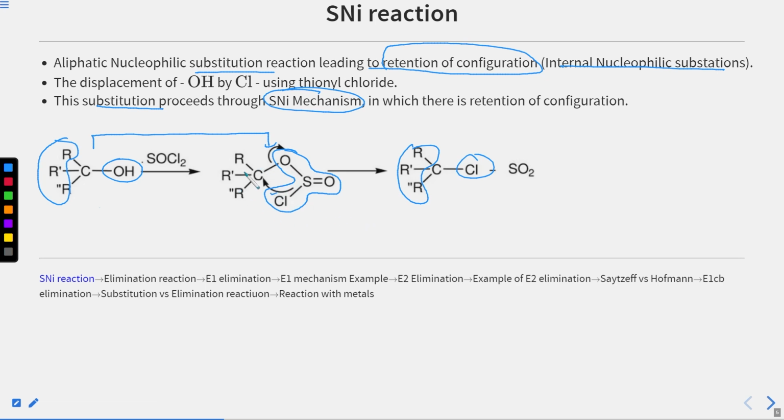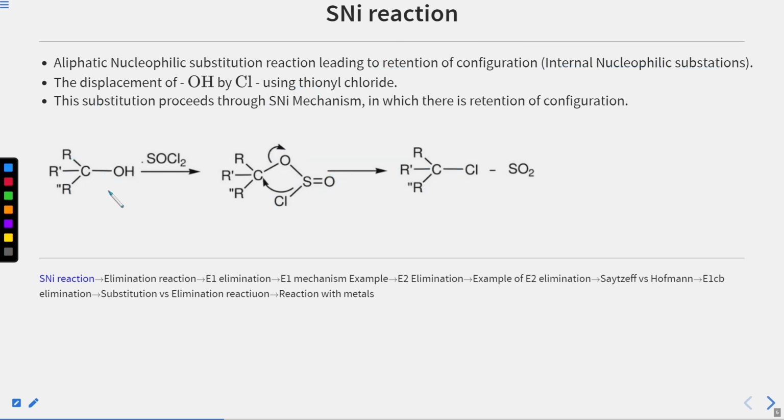So there is no back attack and no formation of carbocation. Where the OH part is leaving, there only the Cl is coming. Due to this, if this has R configuration, then the product will also have R configuration, provided the priorities of OH and Cl do not change, that is, the spatial arrangement of all three does not change in both reactant and product.